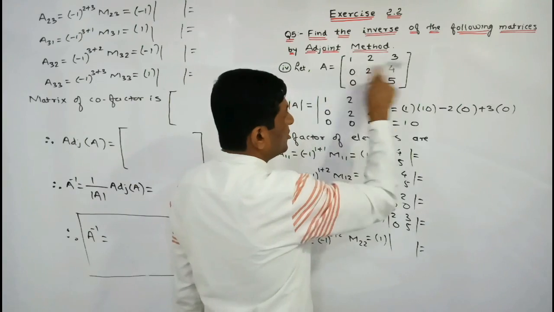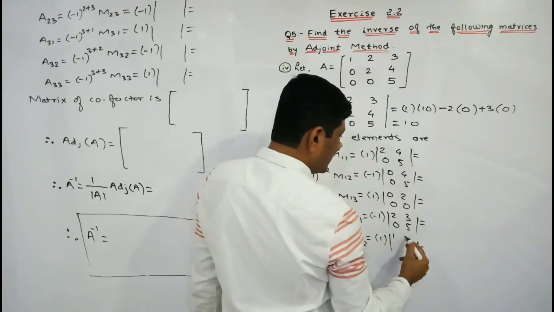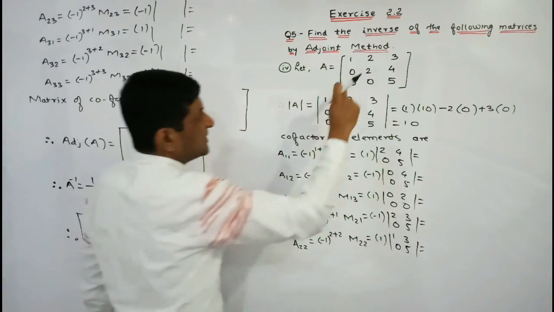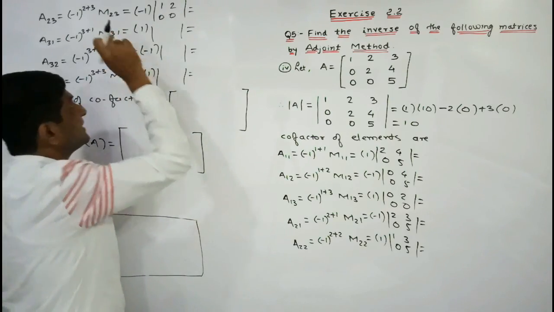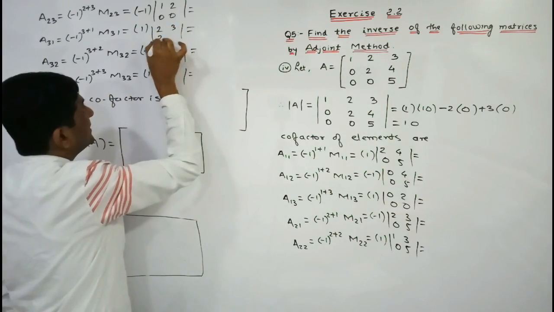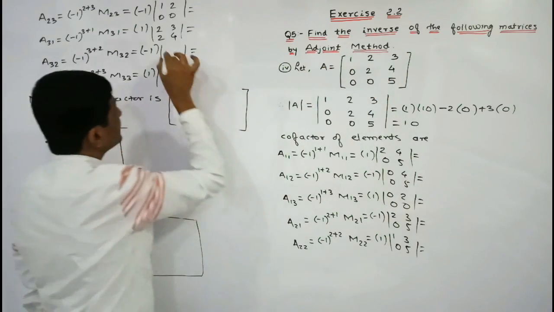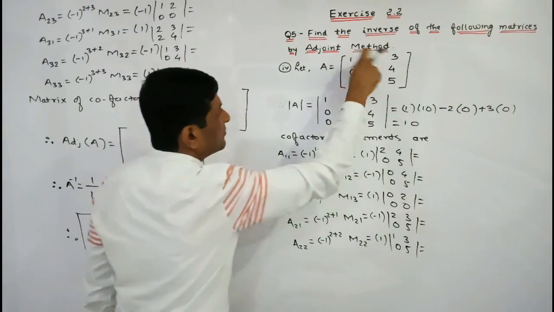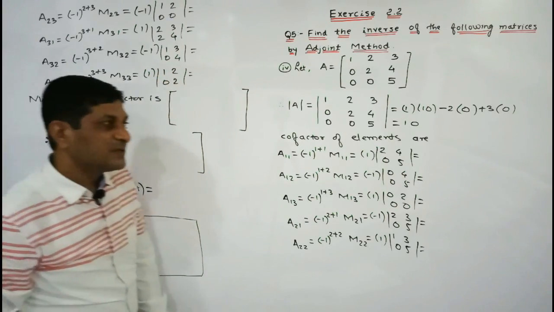Now delete second row and third column: 1 2 0 0 are the elements of this determinant. Then delete third row first column: 2 3 2 4. Now delete third row second column: 1 3 0 4. Delete third row third column: 1 2 0 2 are the elements of this determinant. Now simplify these determinants.